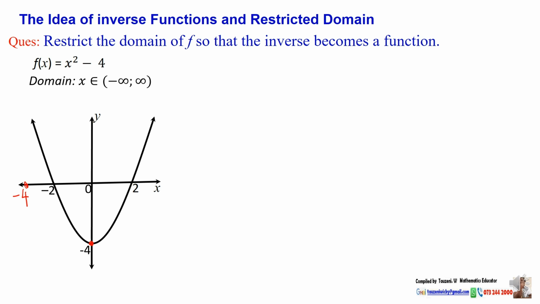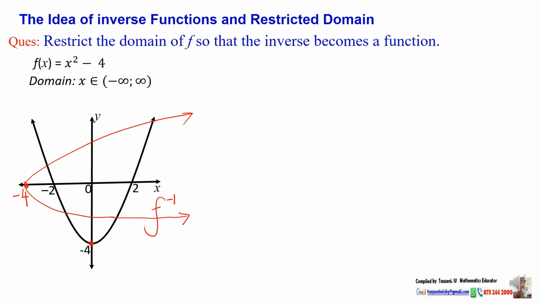So generally, if I draw the graph of the inverse, the graph is going to be something like that. Roughly, this will be the graph of my inverse function. Now, this inverse is not a function. The parabola is a function, but the inverse is not a function because it fails the vertical line test.